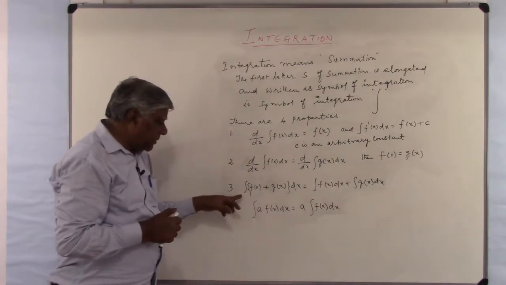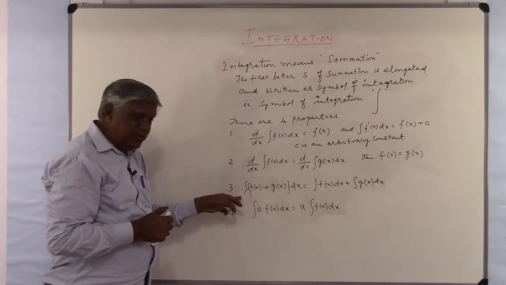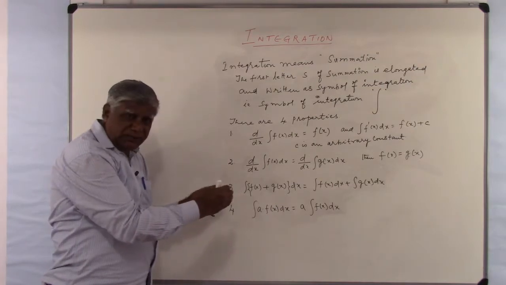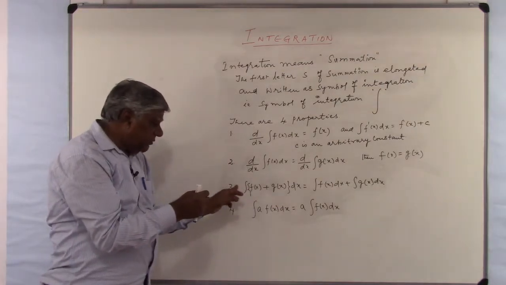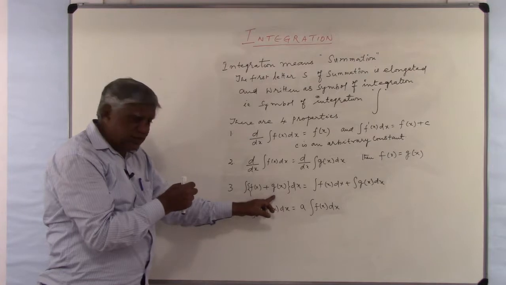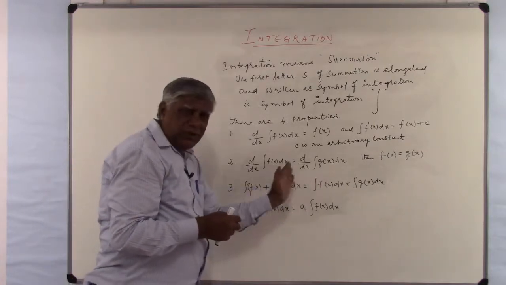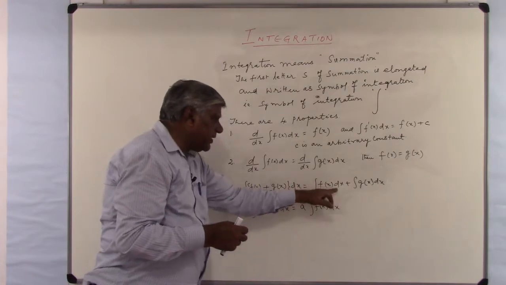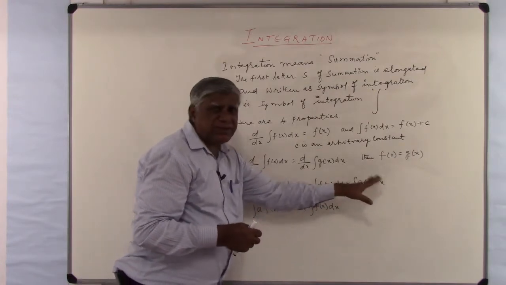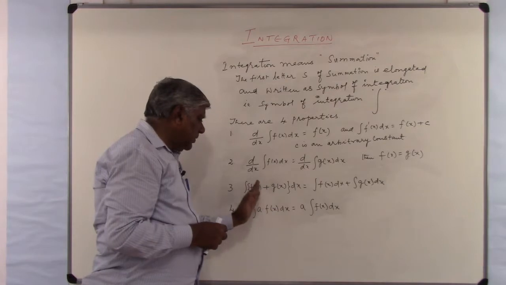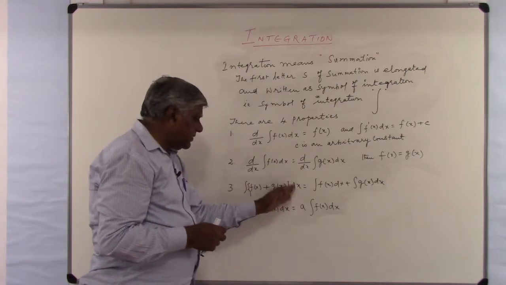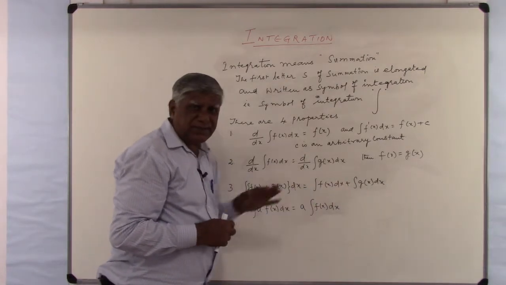Similarly, the third property: integration of the summation of two functions with respect to dx is given as, individually you have to write integral f of x dx plus integral g of x dx. That means you have to separately write f of x dx, g of x dx.